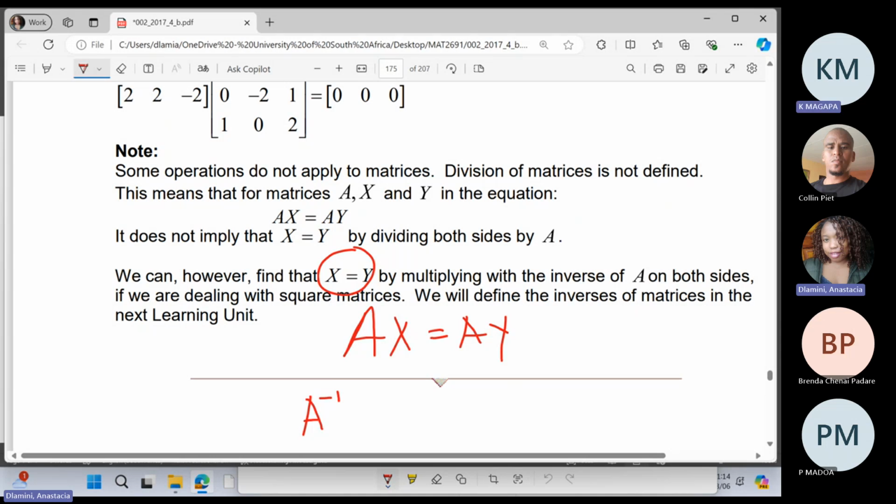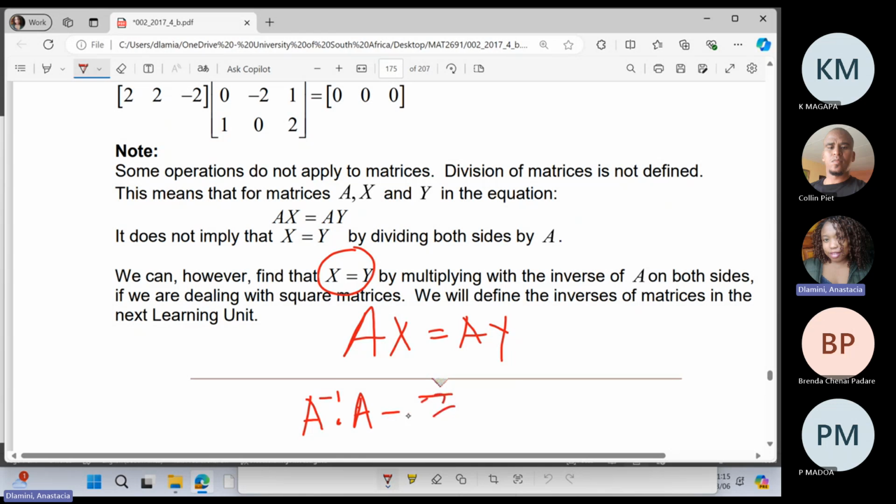If you multiply a matrix with its inverse, you get what we call an identity. If a matrix is 3 by 3, multiplying the matrix and its inverse gives a 3 by 3 identity.